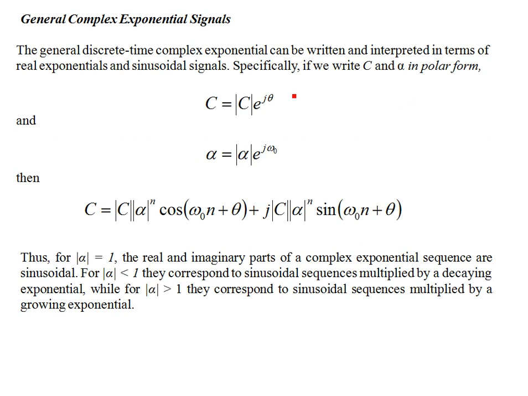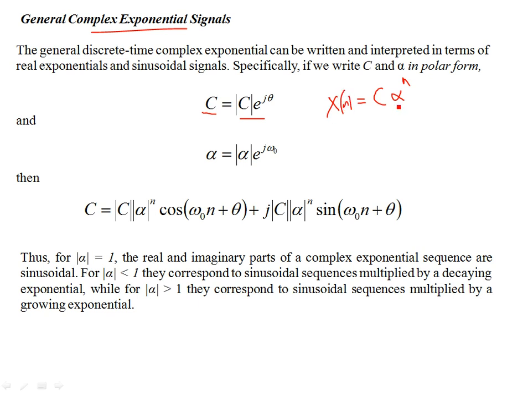Now, let's generalize the discussion of the complex exponential sequences. In general, your magnitude c could also be complex, and you can express this in polar form. We are again discussing the form of discrete time sinusoids, and we said that c and alpha can take any value.